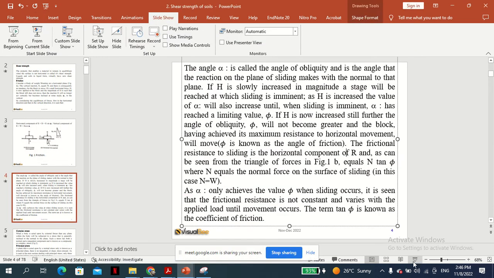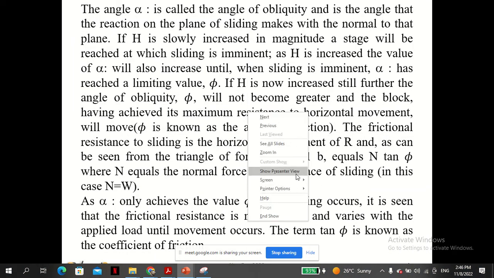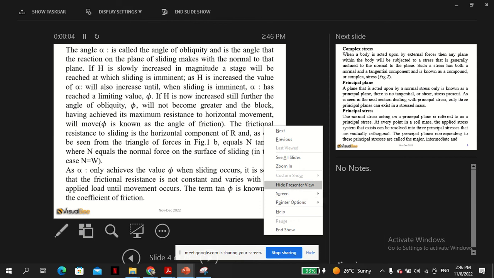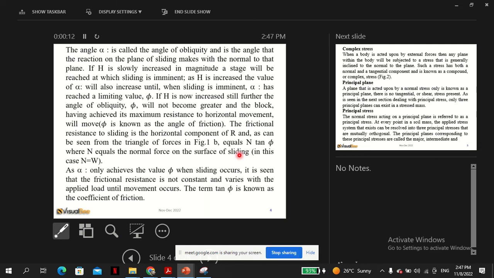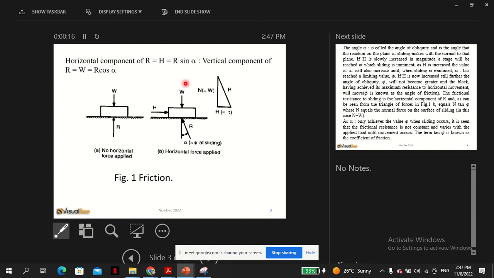The simplest way is to think of it this way: when h increases, this angle also increases.